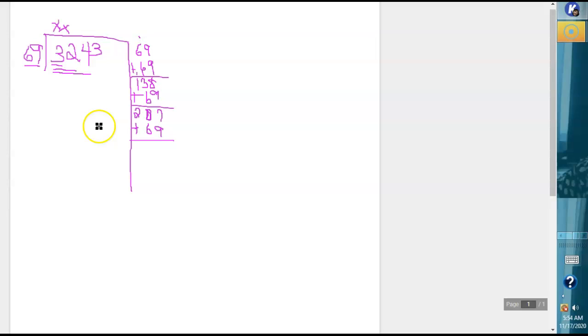So we have 7 plus 9 is 16. Carry 1. 1 plus 0 is 1 plus 6 is 7. And bring down 2. In doing this method, you need to be patient. Plus 69 again.